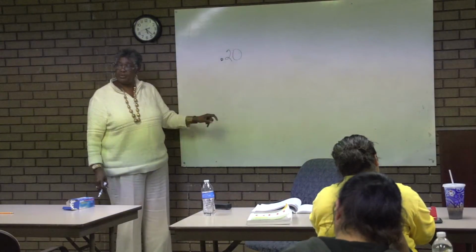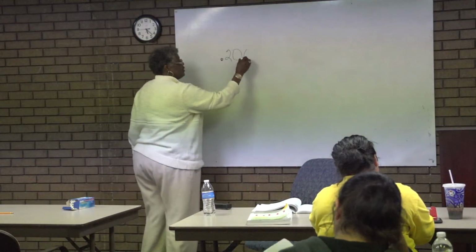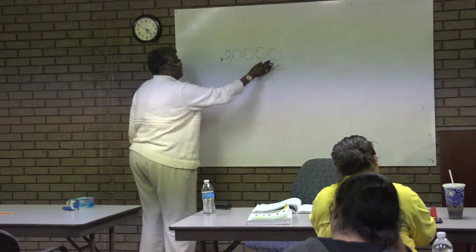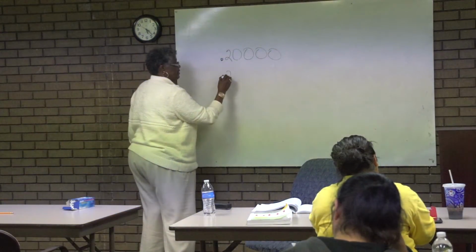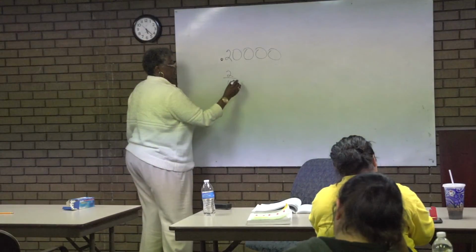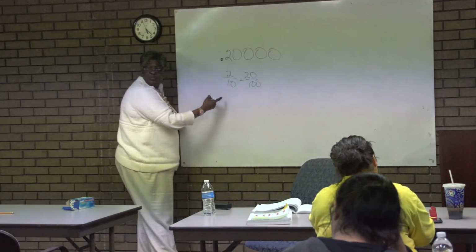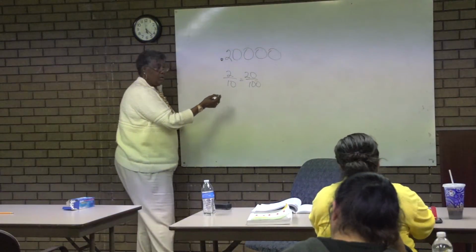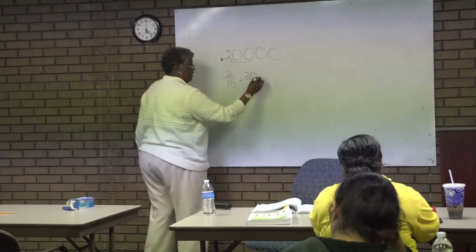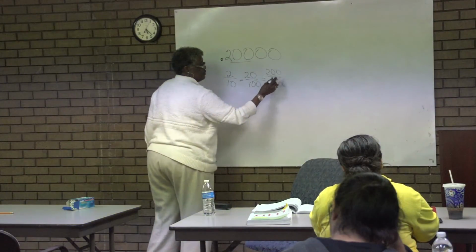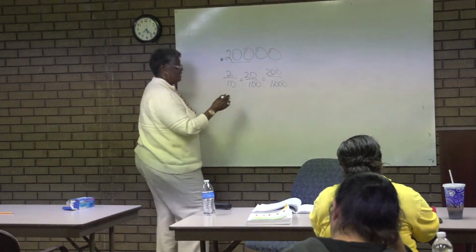So with decimals, it doesn't matter how many zeros you add here, because every time you add a 0 here, you're adding a 0 in the denominator. You had 2 tenths. Then you had 20 hundredths, which would reduce back to 2 tenths. Then you had 200 thousandths, which would still reduce back to 2 tenths.